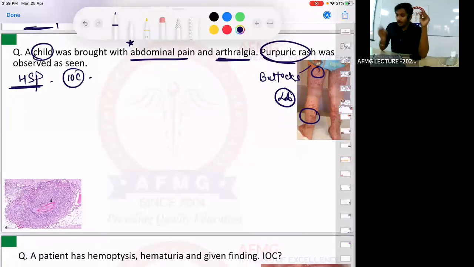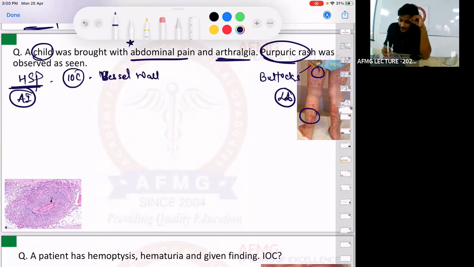HSP. Again, it is an autoimmune condition, Henoch Schonlein Purpura. Investigation of choice would be, बराबर बोलो तो सही फिर, vessel wall biopsy, on which you can see inflammatory changes in the vessel wall, right?